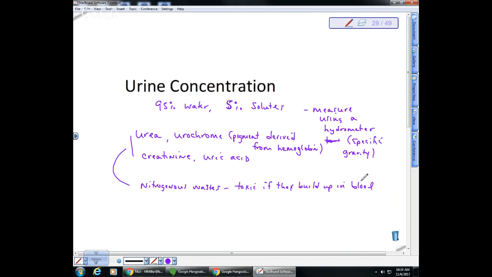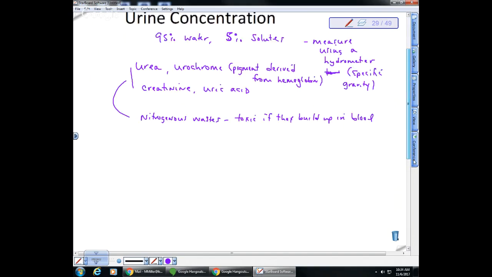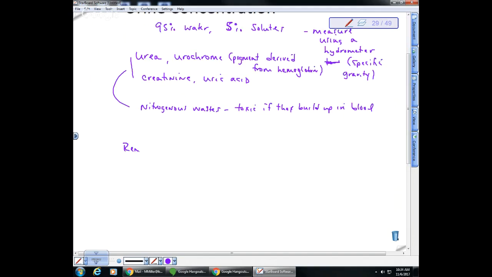So we need to regulate the amount of solute concentration in the blood. And so we have a renal mechanism for maintaining blood solute concentrations.